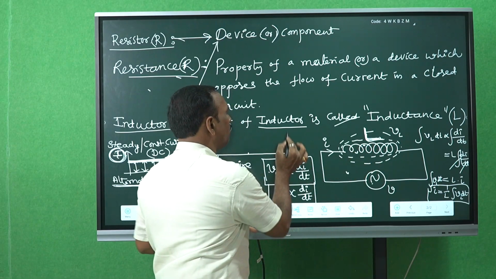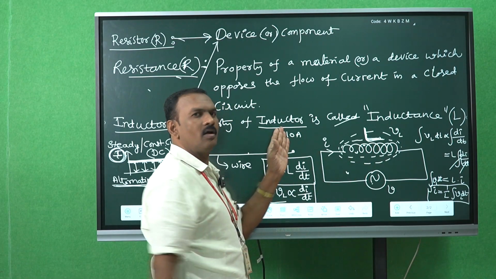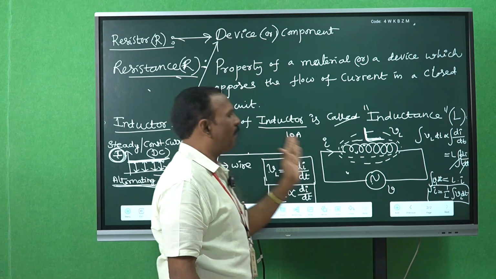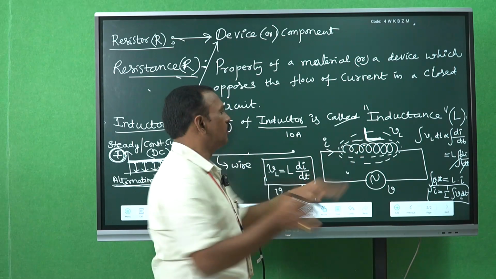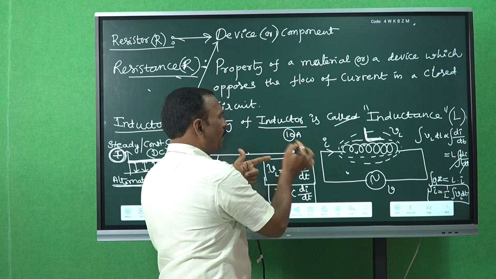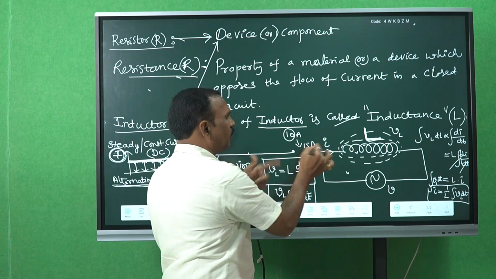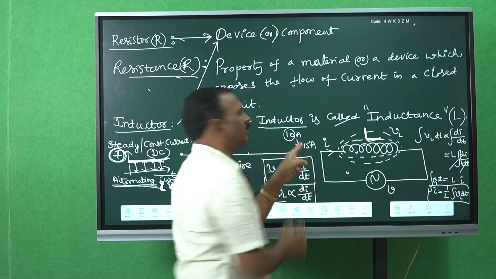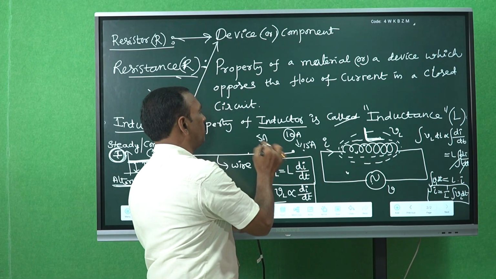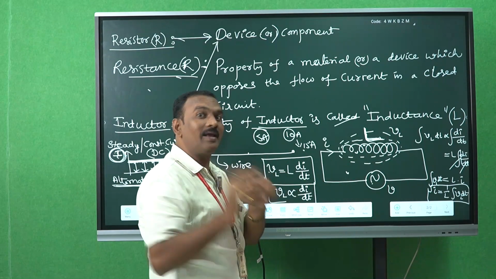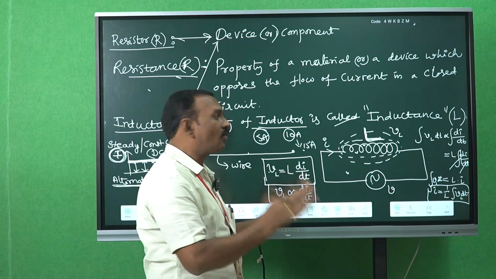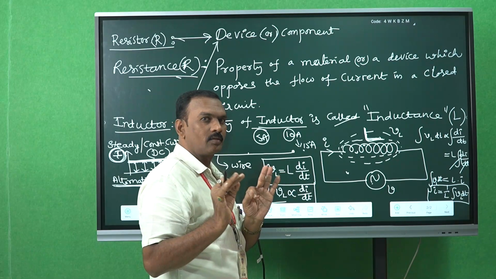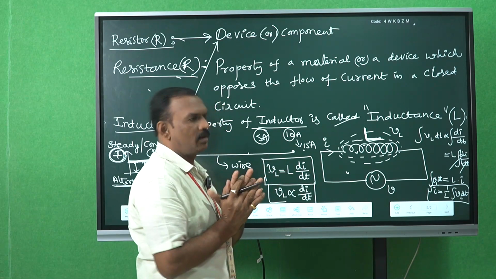For example, if 10 amperes is passing and the same 10 amperes continues, there is no issue. Suddenly, if the current changes from 10 amperes to 15 amperes, the inductor opposes that change of 5 amperes. It doesn't allow that change immediately, but it allows the current slowly. That is another property of the inductor.